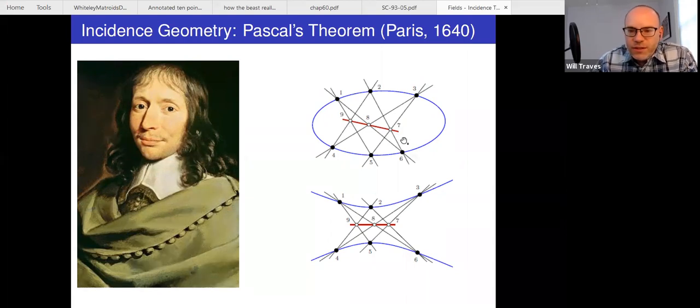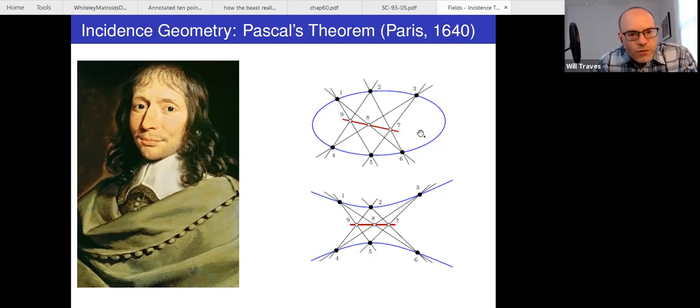So that's what these pictures are showing. And the nice thing about Pascal's theorem is that it's an equivalence. This result about 3 points being collinear characterizes exactly when the 6 points lie on a conic.